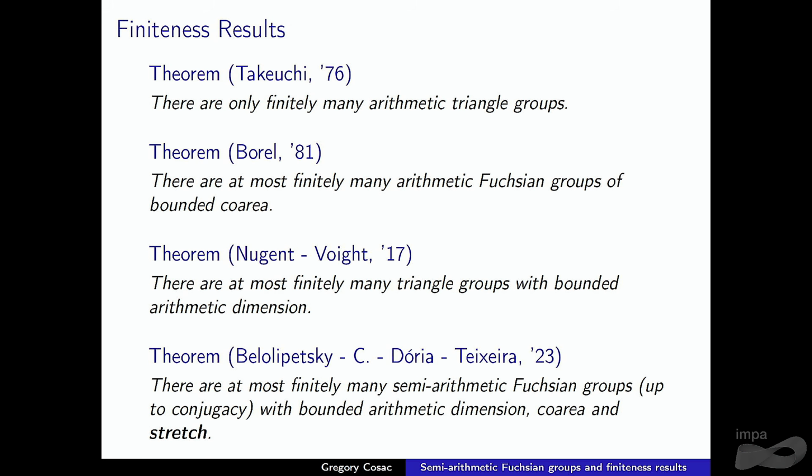If you try to merge these three results together, then you can ask: if you have semi-arithmetic groups with bounded co-area and bounded arithmetic dimension, looking at all signatures at the same time, is it true there are only finitely many?